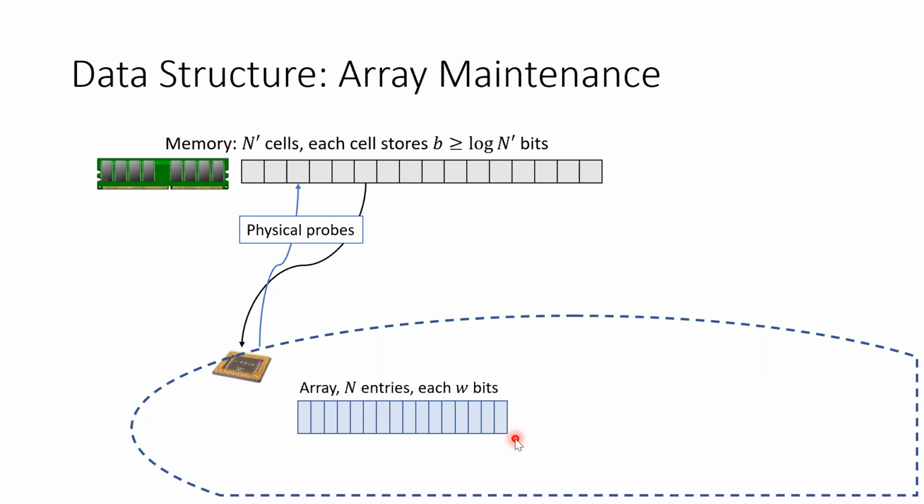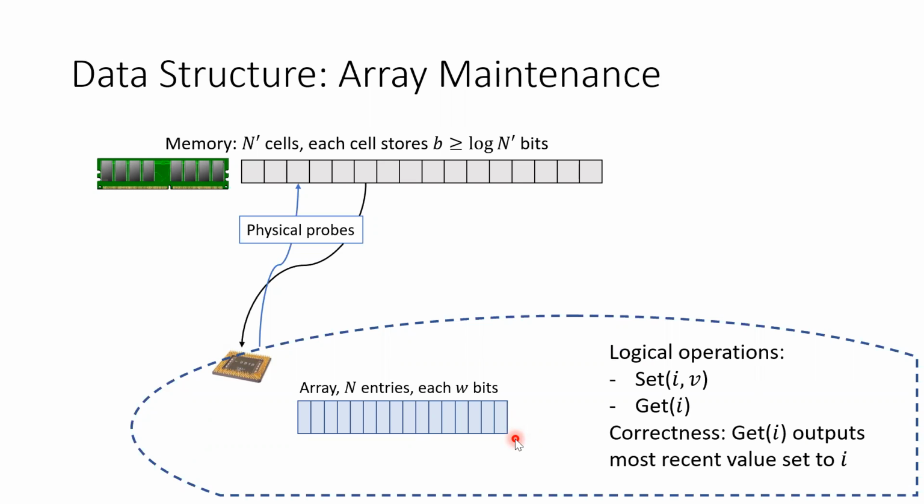Each entry has w bits. In the array, we want to do just two kinds of logical operations on this data structure: either set the value of an array entry, or get the ith entry in this array.